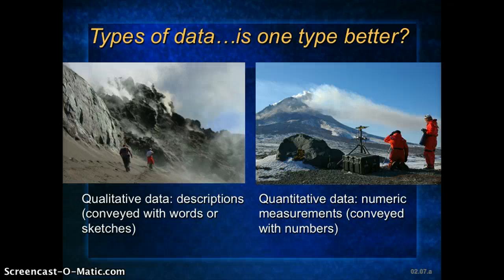They carry more weight. That's not necessarily true. Sometimes the numbers that we assign are more arbitrary than some people might think they are. They're not as solid or firm or conclusive as they might appear. So we have to be very careful when we use quantitative data to make sure that we're not taking it farther than is appropriate.